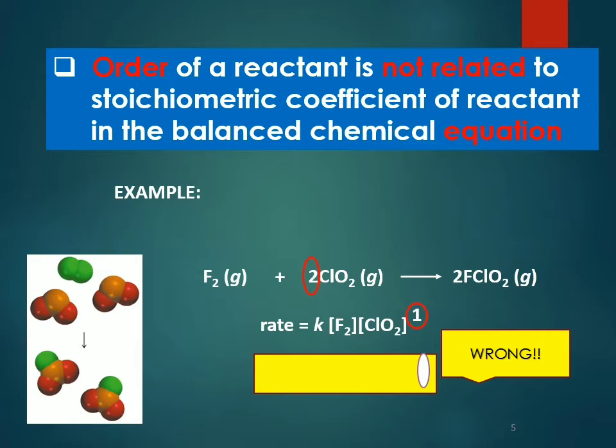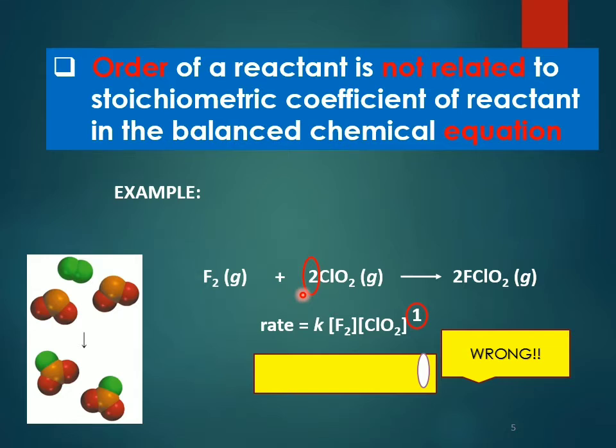Based on the rate law, the reaction order for fluorine gas is 1, and the reaction order for ClO2 is also 1. But you can see that for ClO2, the reaction order is 1, but the stoichiometric coefficient in the chemical equation is 2.